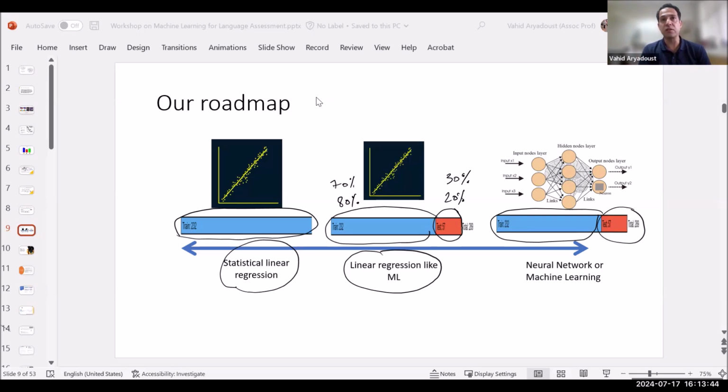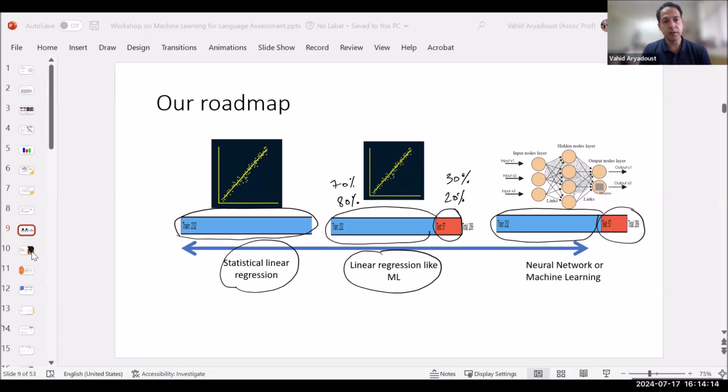You can ask JASP or SPSS to only use a certain portion for training, and do not touch the rest of it, and use the rest of it for testing. In other words, you force that segmentation onto the software, whereas in the usual way of doing things, you don't force it on the software. It just chooses it quite randomly.